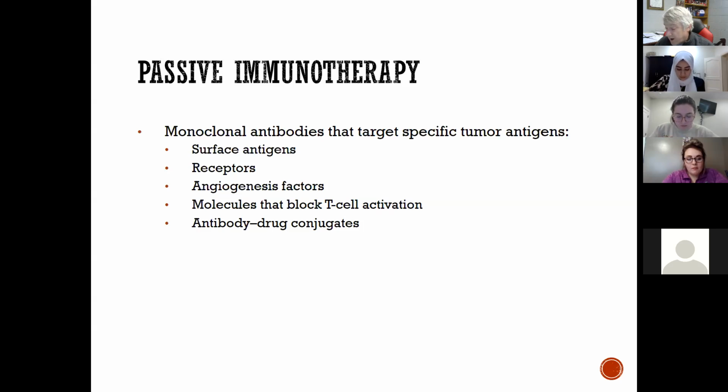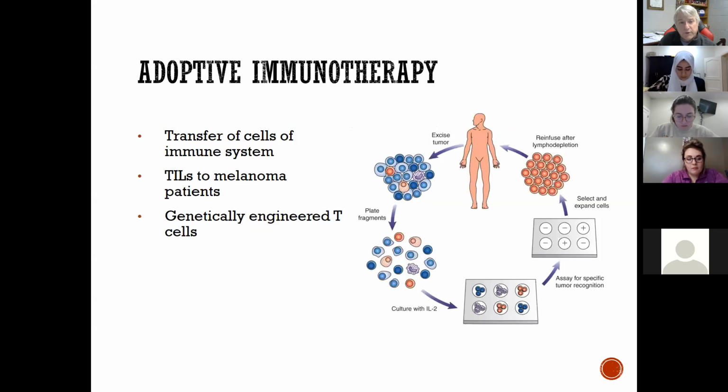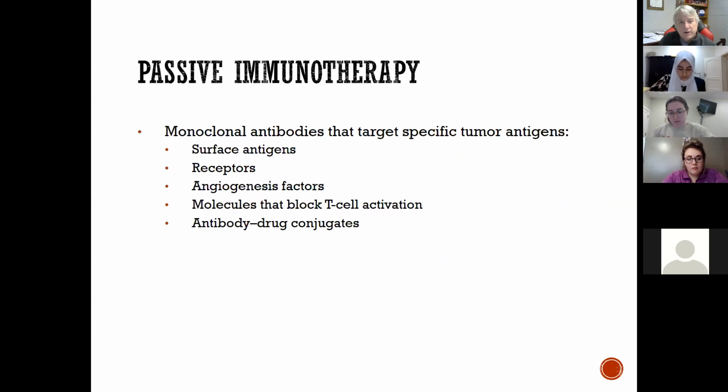Table 17.5: approaches to cancer immunotherapy using monoclonal antibodies. So these are some of our familiar names, for those that have been paying attention to our antibodies. The first one I see up here is a surface antigen on tumor cells. So that's our first dot.